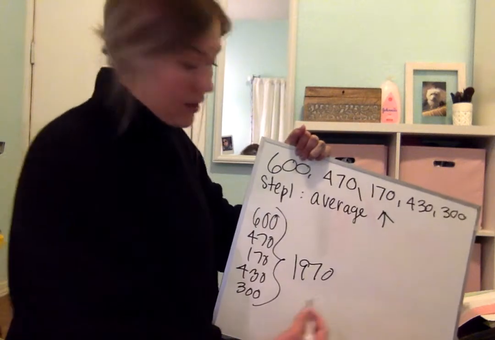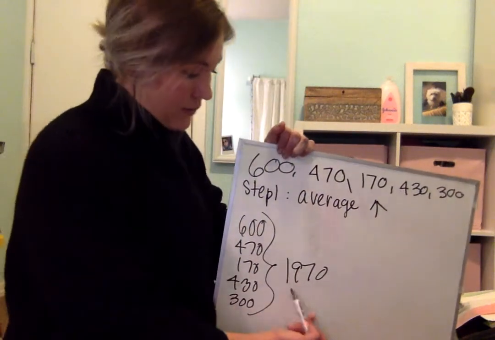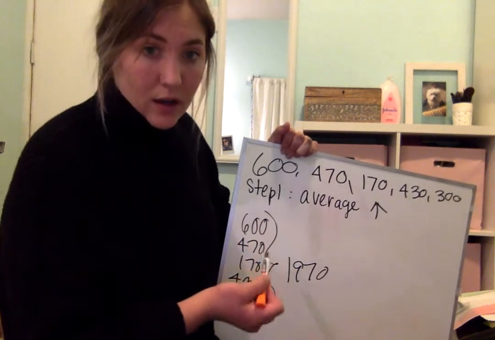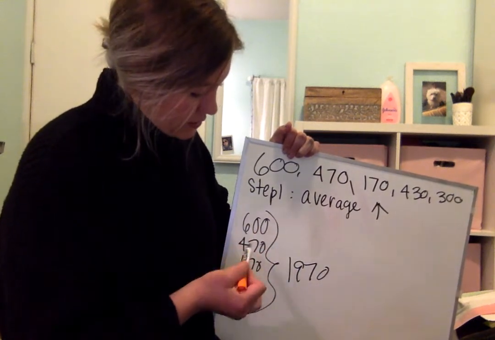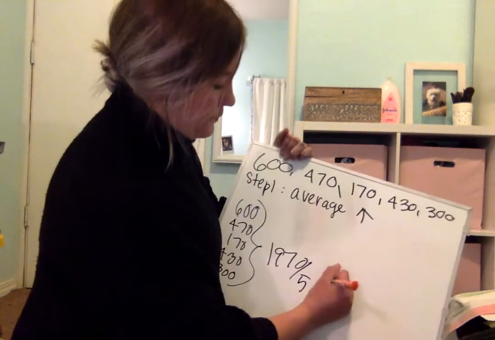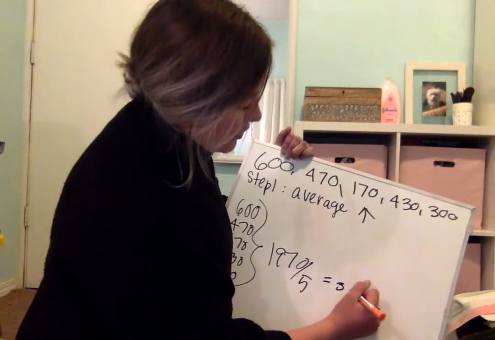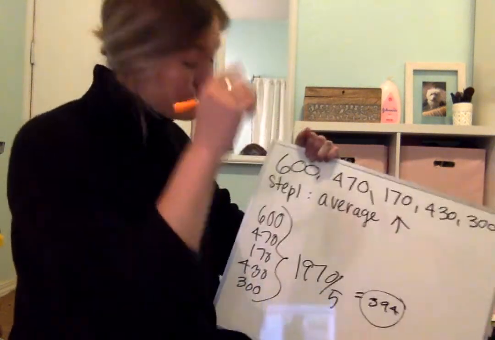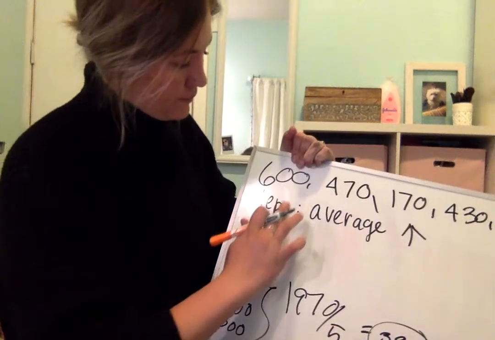To find the average from there, you divide this number by the number of data points. We have 1, 2, 3, 4, and 5, so divided by 5, and you get 394 as your average.